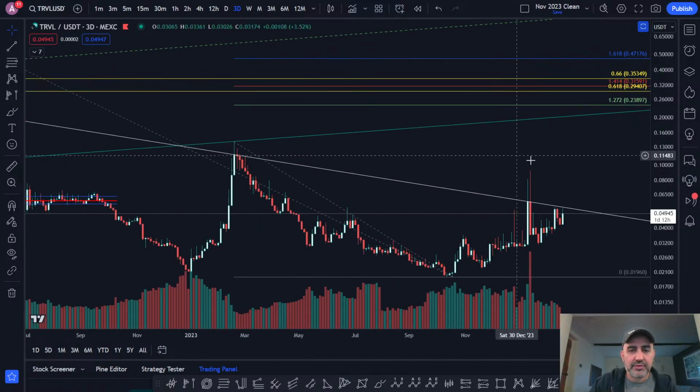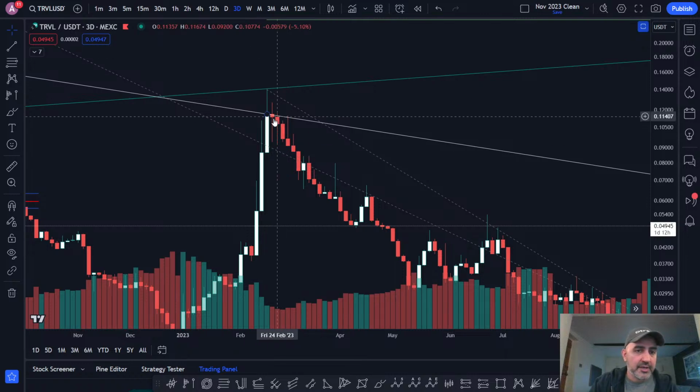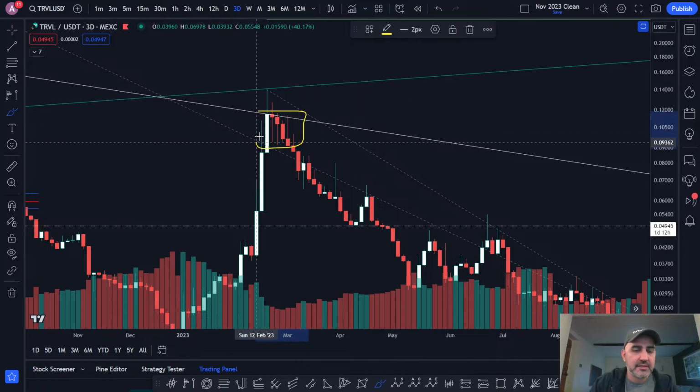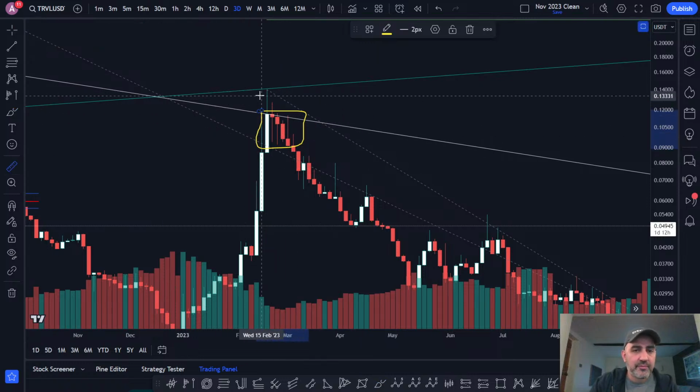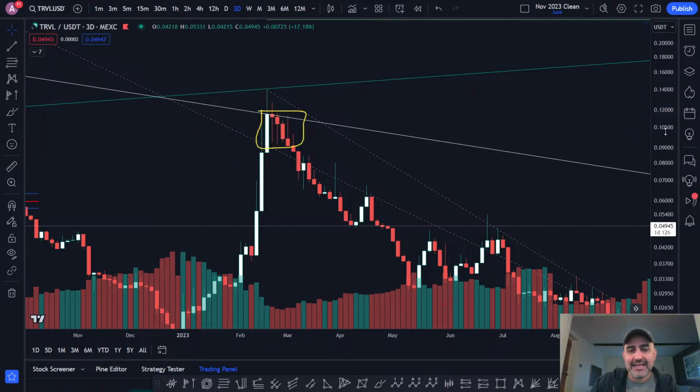And if I look at the previous impulse, we have had one impulse. Look, this is the 3-day chart. And look, it impulsed, and then there was plenty of time in the highs to see the price turning to take profit. You see that? There was plenty of time. So the range from the top to the bottom was 36%.